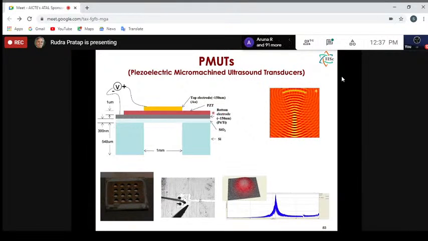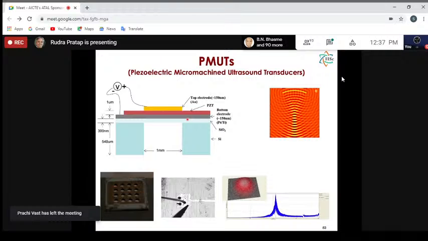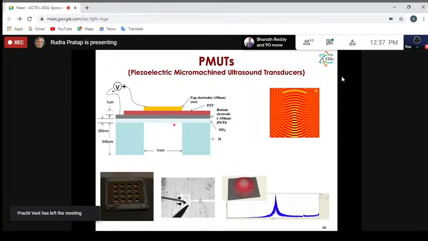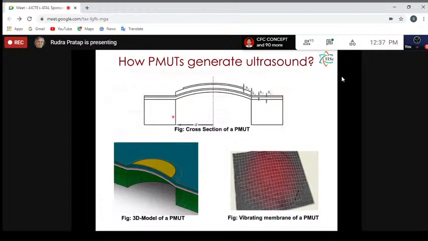When you want to build this structure, it will have all kinds of problems of interlayer stresses, which gives you a lot of headache in engineering. But that's our job, to engineer those layers and build structures.